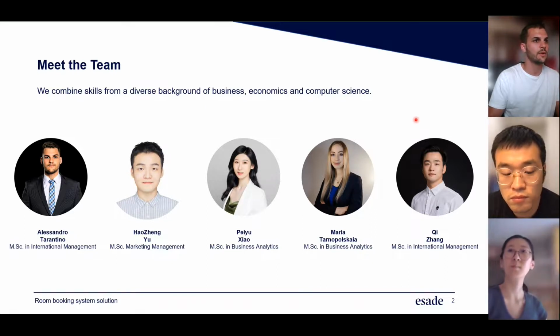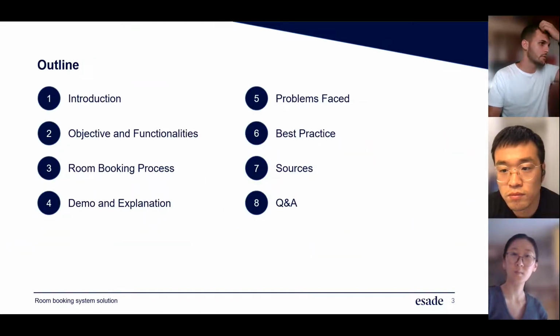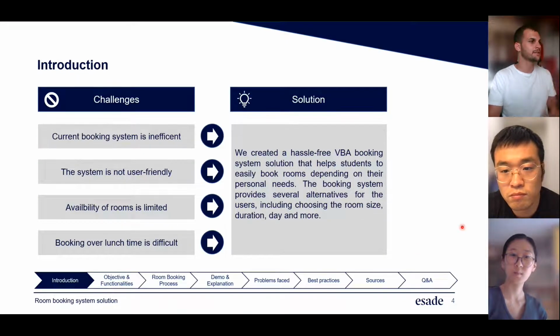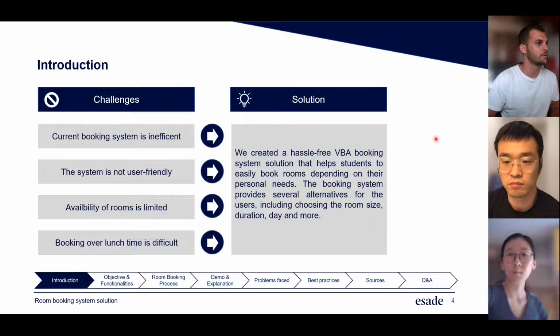We have basically, I won't go into detail here because we took over the structure you told us to. And yeah, let's talk about the solution or the problems we want to solve.